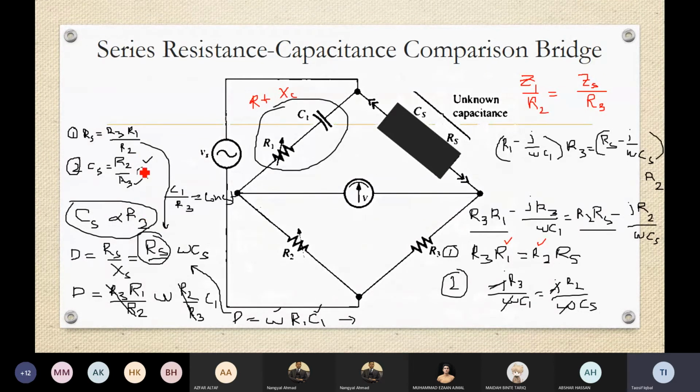Let's look at it from here: if we keep this ratio constant, and because these two components don't have variable parts, they have a fixed value, and from this fixed value we can find out that Cs is directly related to the value of R2. If R2's value is large, the value of Cs is also going to be large.